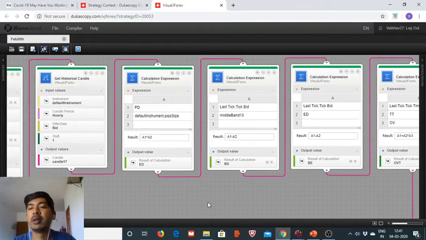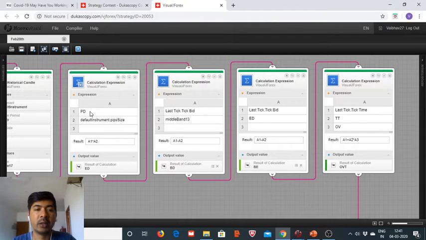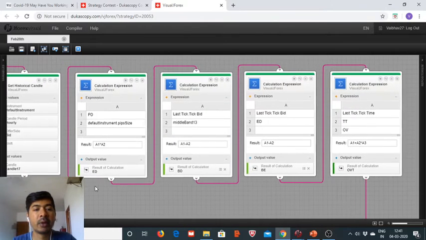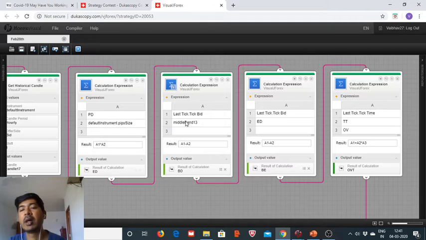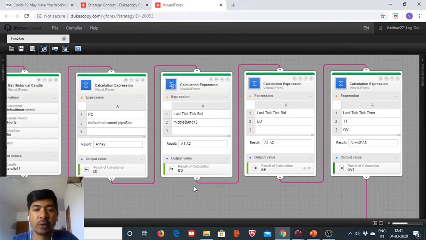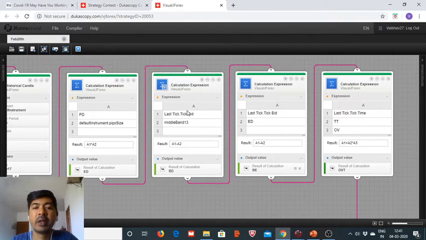Then we have done this calculation. The PD is the difference 10 pips we have defined, and here this variable has been multiplied by the default instrument pip size to make it as the execution difference of 10 pips. And here we are trying to calculate the difference between the last tick and the middle band.